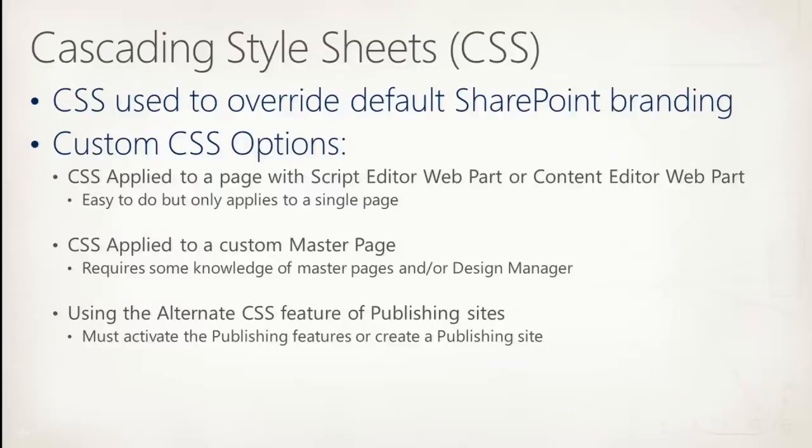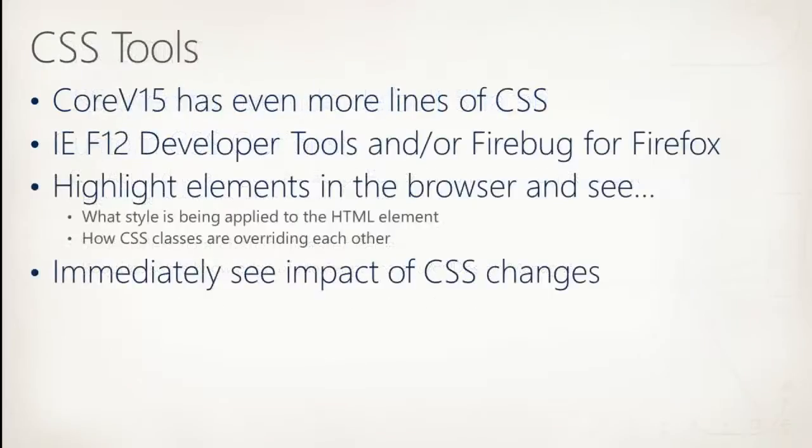And the other option, if you have publishing, is that you can leverage what's called alternate CSS. Alternate CSS has an interface in publishing sites, but if you don't have publishing enabled, you can still leverage alternate CSS. It's just a little bit more buried. You have to make sure your alternate CSS gets applied with PowerShell or something like that. But if you want the interface, you just have to make sure publishing is on. All of those are great options for overriding your CSS.